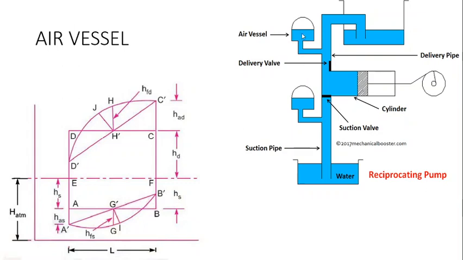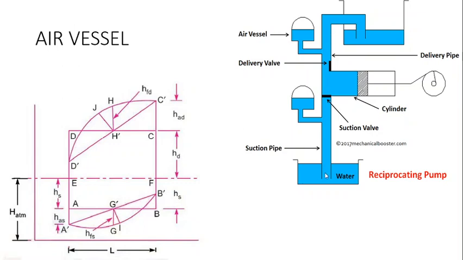The air vessel stores the excess amount of water or fluid during the first half of the delivery stroke and releases the excess water stored in the air vessel in the second half of the delivery stroke, when the velocity is less than the mean velocity.